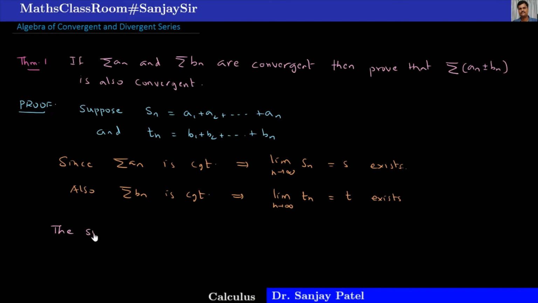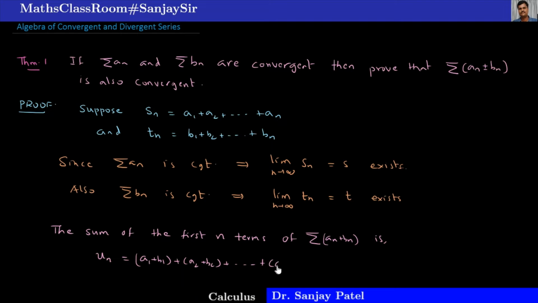The sum of the first n terms of sigma an plus bn, and similarly you can prove it for minus also, is given by un equal to a1 plus b1, plus a2 plus b2, and so on, plus an plus bn. This is the sum of the first n terms of this series.